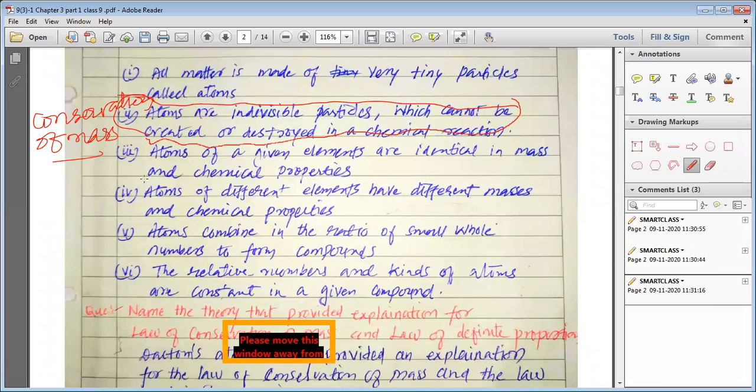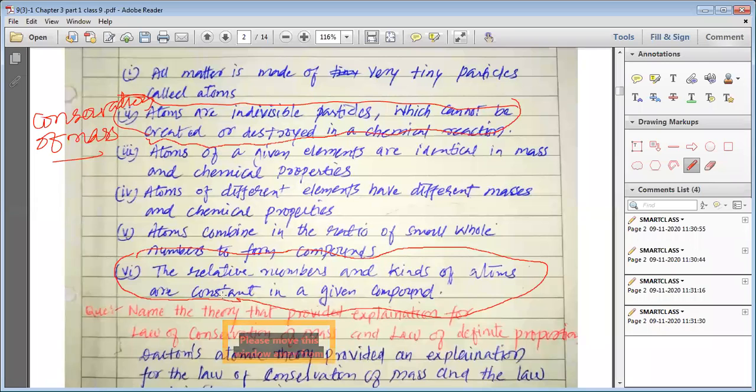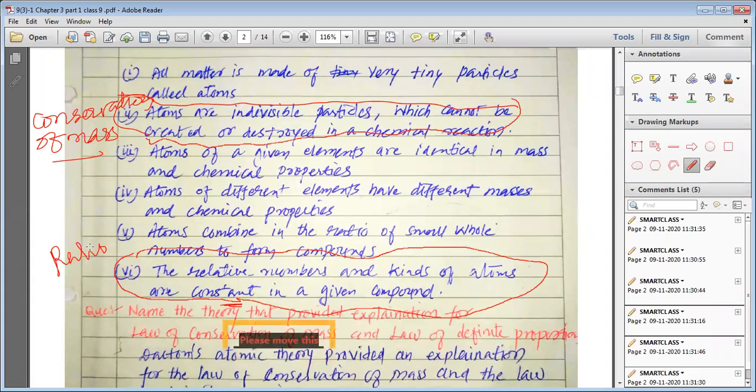Then look at the 6th point, that the relative numbers and kinds of atoms are constant. Matlab, the atoms combine in a ratio and this ratio is always constant. So the ratio is constant, which tells us about the constant proportion.